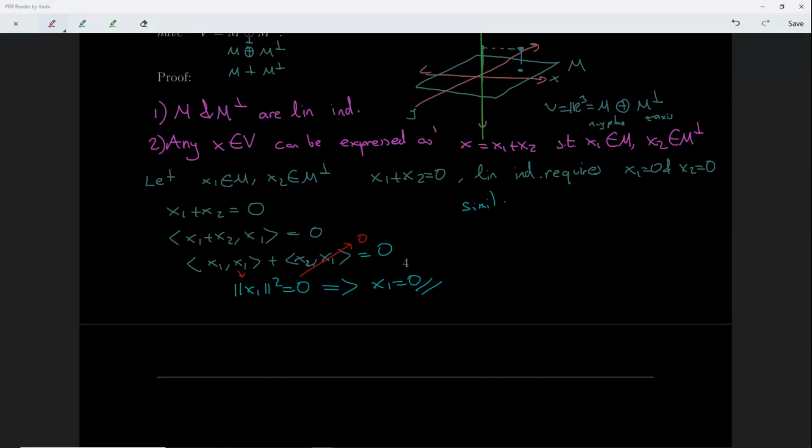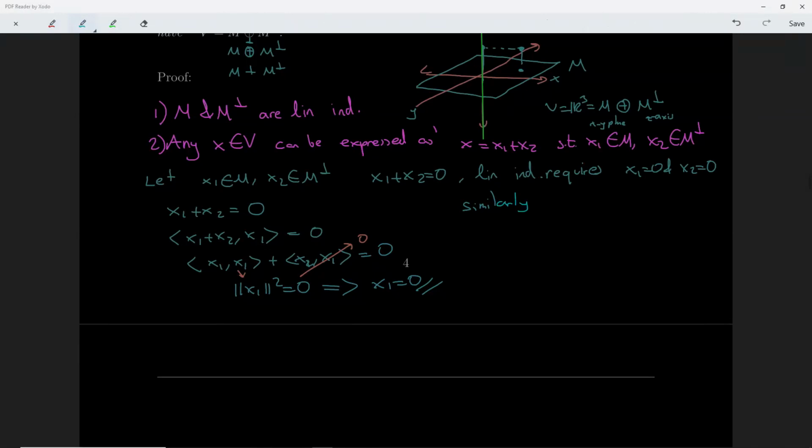So from there you can define a norm, and for any norm that you define there, it has to be positive definite, right? So it will take the zero value if and only if x1 is equal to 0, right? Okay, perfect.